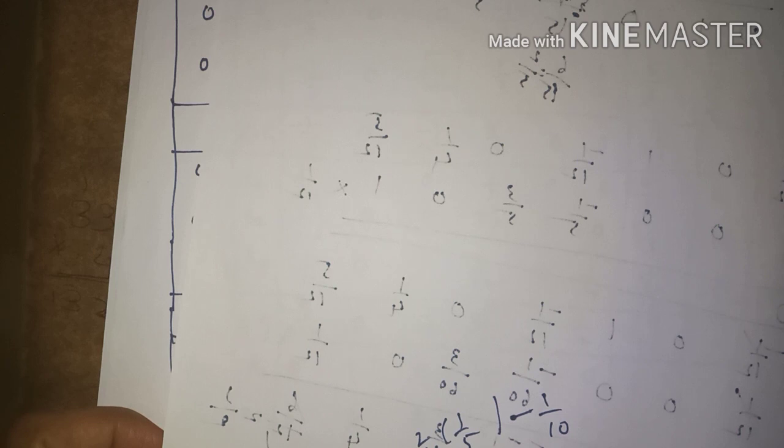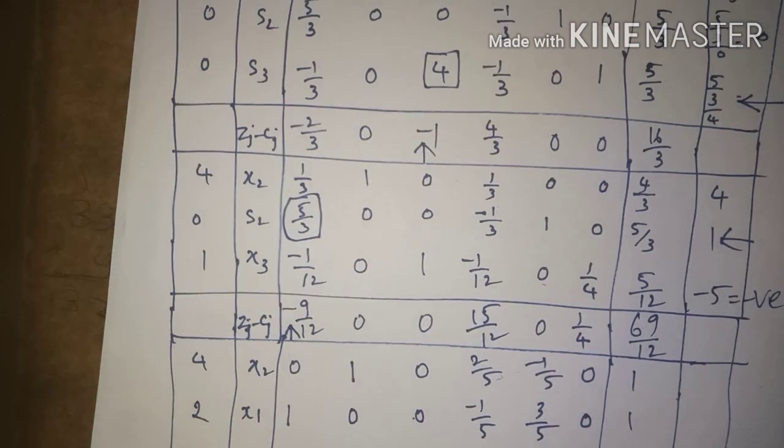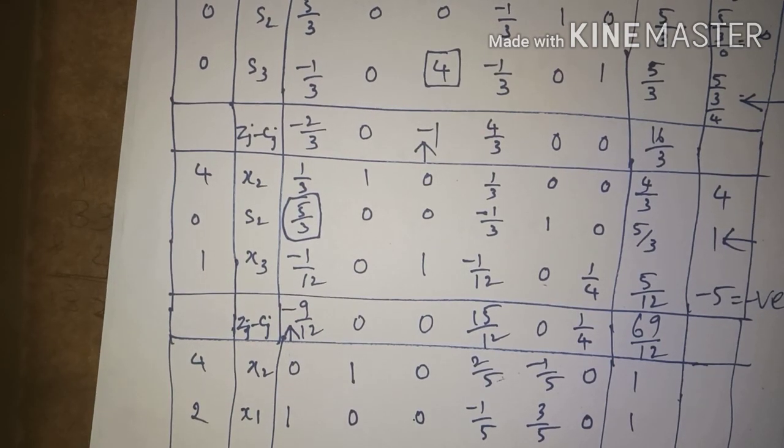LCM is 10. 5 2s are 10. 2 2s are 4. 4 4s are 16 minus 5. 16 minus 5 is 11 by 10. 11 by 10.